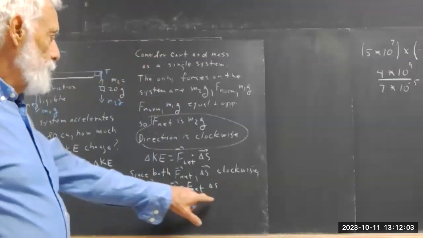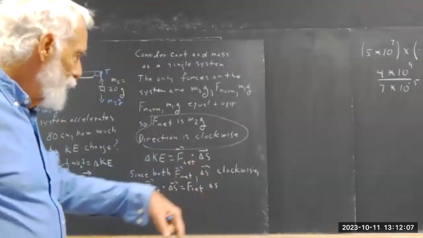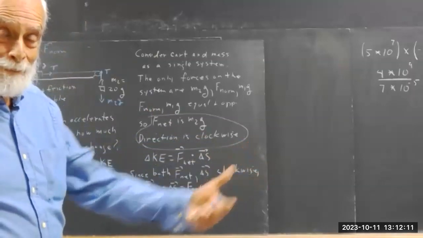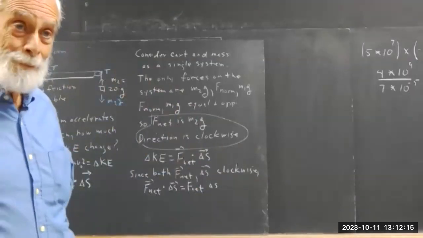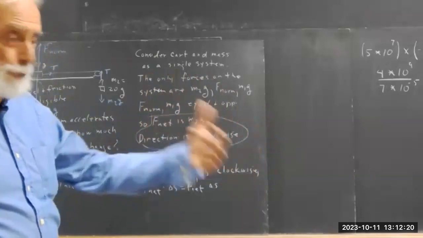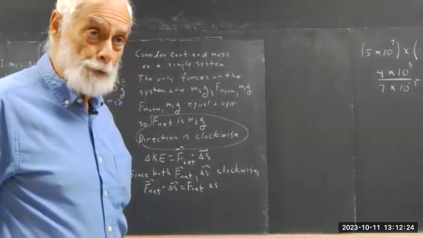The dot product is just the product of the magnitudes because the angle between a clockwise force and a clockwise motion is zero. The dot product is magnitude of this, magnitude of that, cosine theta. If the angle between them is zero, the cosine is one, and you just get the product of the scalars.